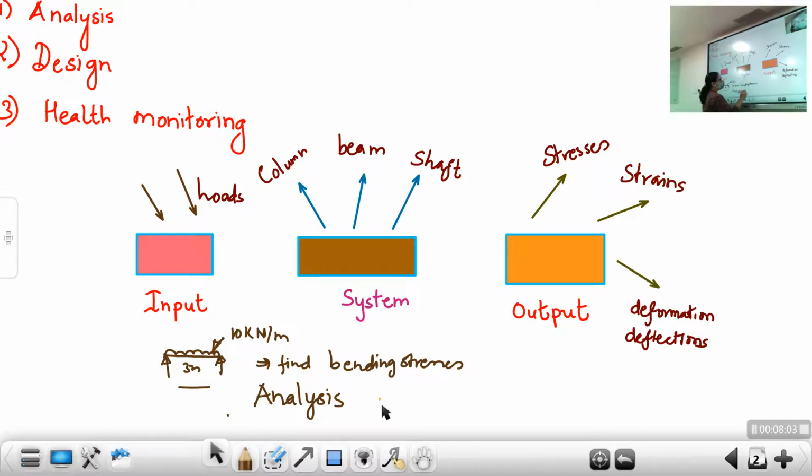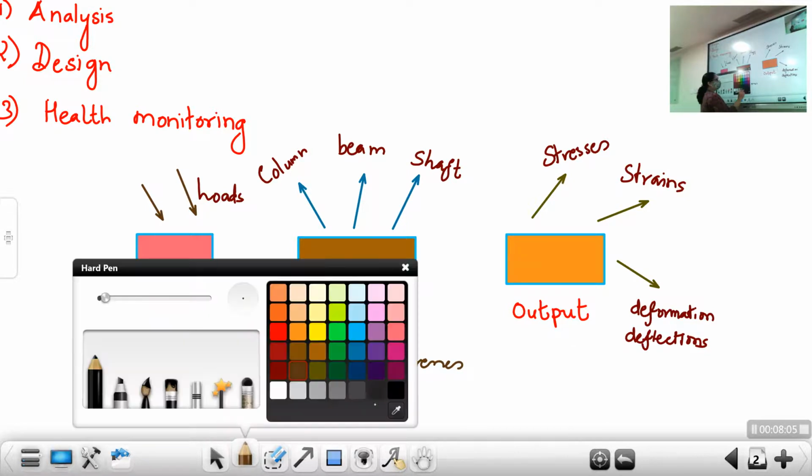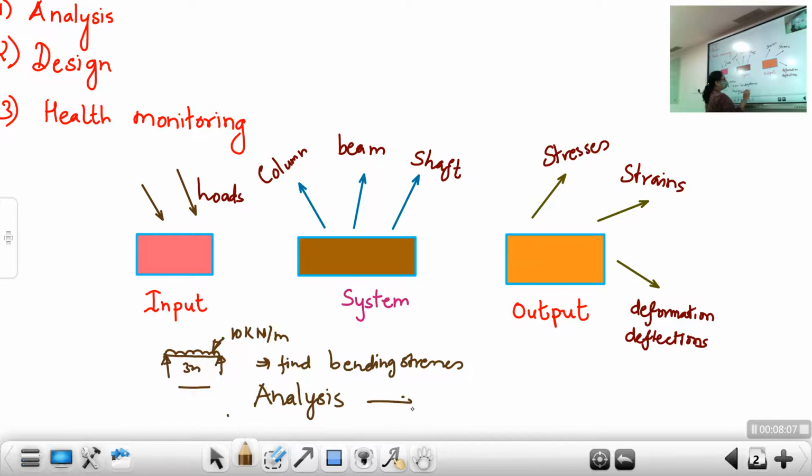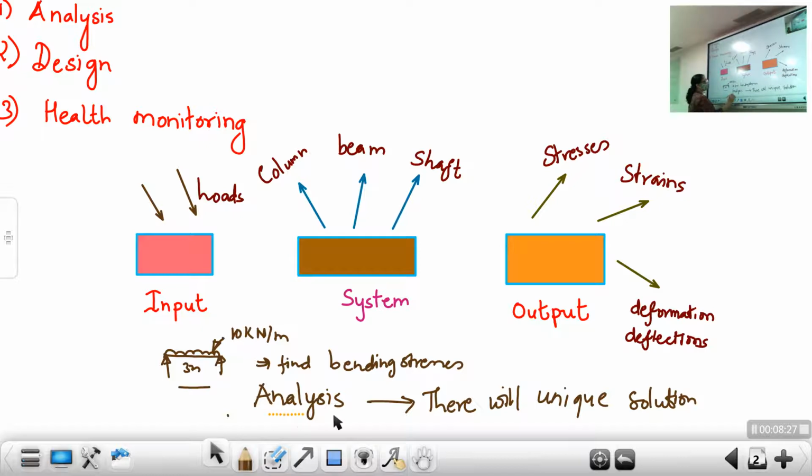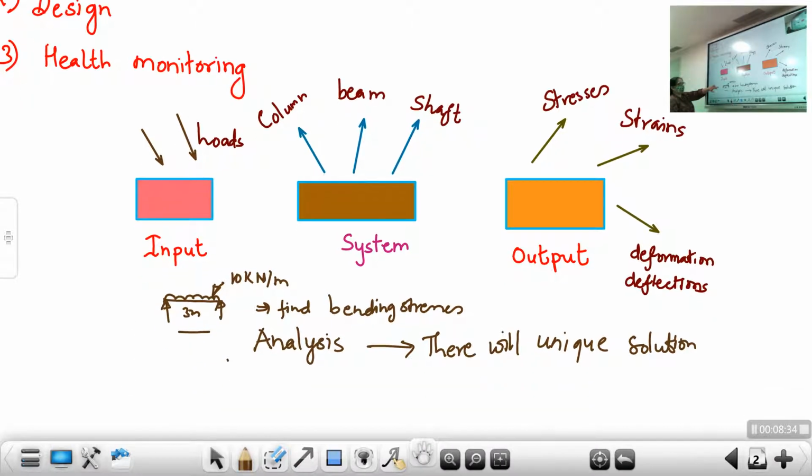There will be a unique solution. The answers will not vary from student to student, because all the criteria are known, and you just apply your concept and find the solution. This type of problem we call analysis, and in your mechanics of solids, you will be dealing with analysis only.